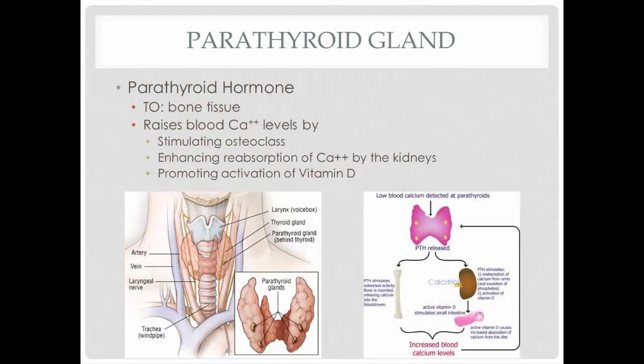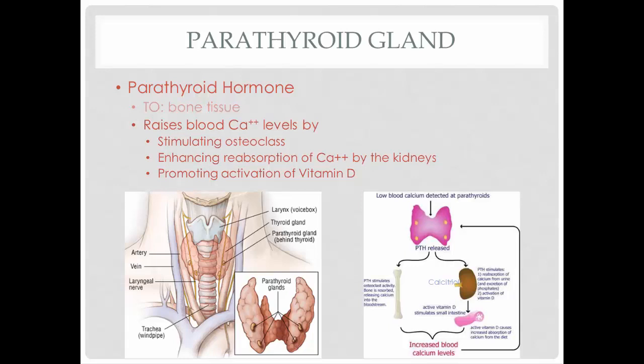Now, the parathyroid gland is a set of 4 glands located on the back side of the thyroid gland. Its job is to go to bone tissue and raise blood calcium levels by stimulating osteoclasts. Now, if I stimulate an osteoclast, then I'm going to break down the bone tissue and end up releasing that calcium back into our blood.